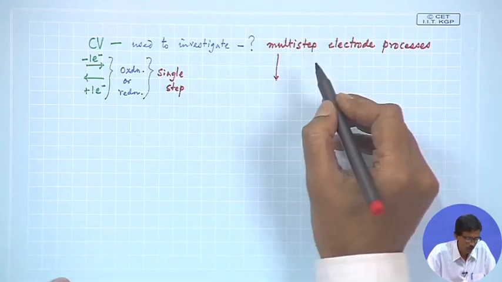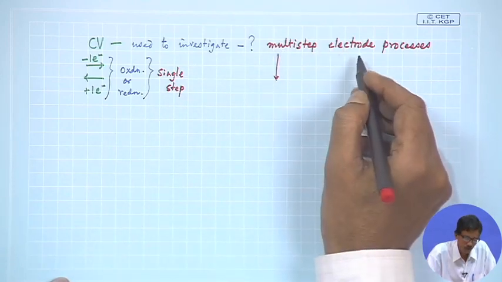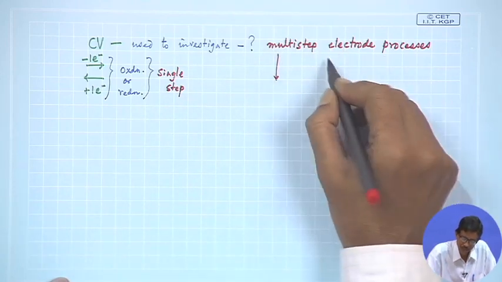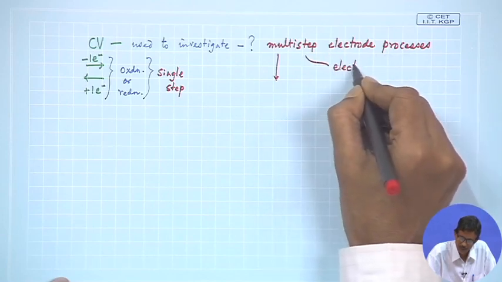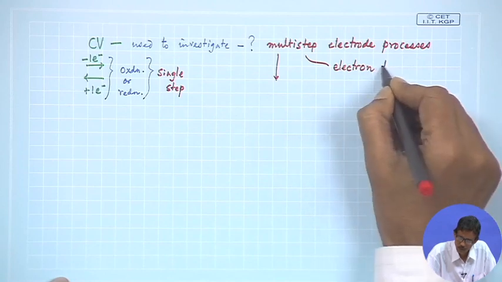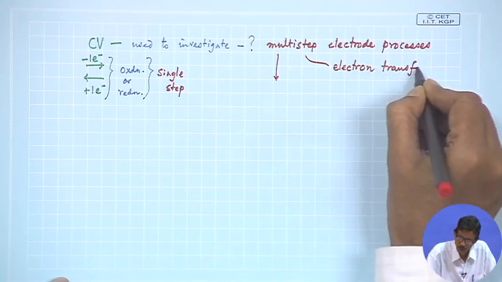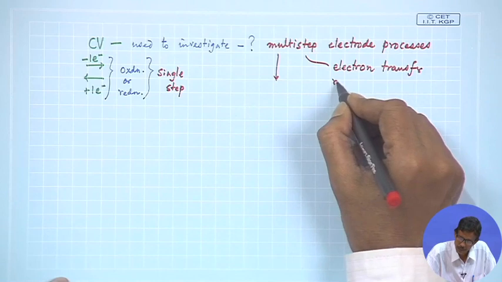So, these multi-step electrode processes, because electrode processes are nothing but multi-step electron transfer reactions, those are your electron transfer reactions.